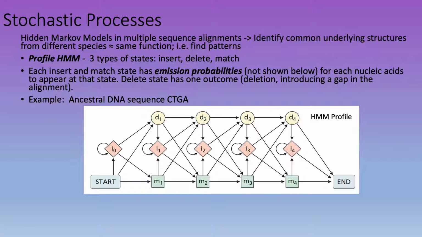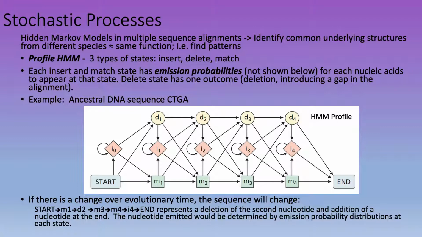A deletion only has one outcome, right? It only has to introduce a gap. Since there's no nucleotide in that position, we wouldn't have any emission probability associated with it. And we can do things like this. So we could use this kind of state diagram to do things like generate what the ancestral sequence is of a specific topic or something.